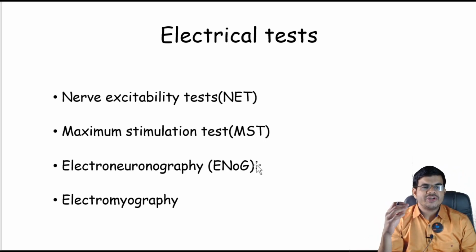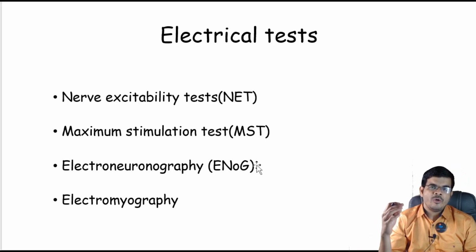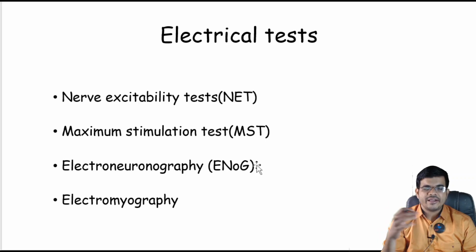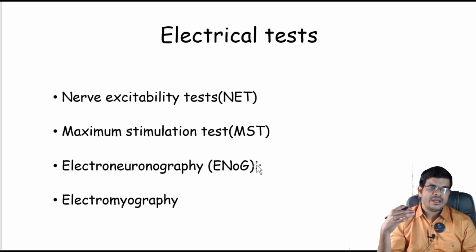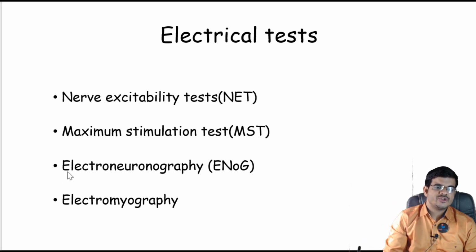Coming to certain tests that are done for assessing the integrity of the facial nerve. The first test that you have to know is the nerve excitability test. What you are doing is giving an electrical impulse to the facial muscles, that is the muscles innervated by the facial nerve, and you are trying to assess the minimum current that is required to elicit a response in the form of a twitch.